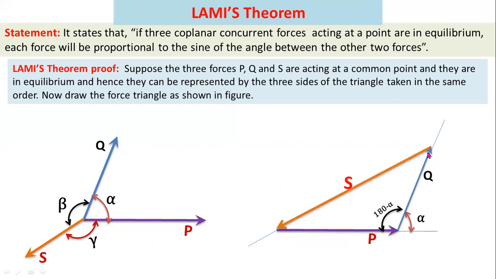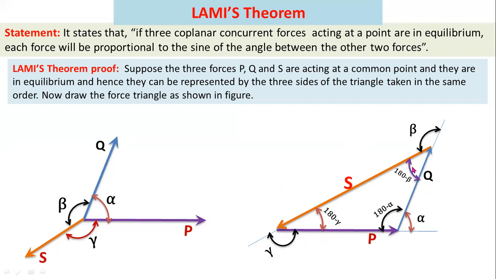So here this S force makes an angle beta, and the remaining angle is 180 minus beta. Now this is the angle gamma, and the remaining angle is 180 minus gamma. So here I converted the given three forces into a triangle.